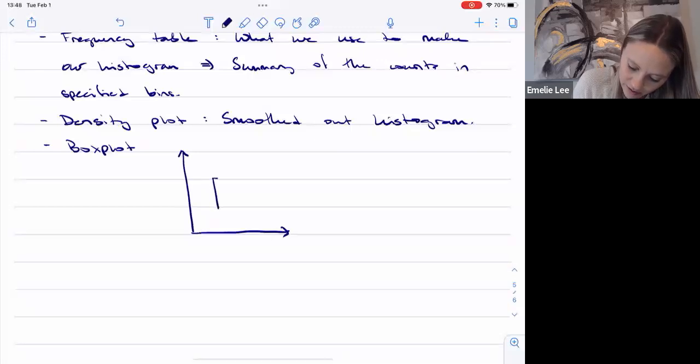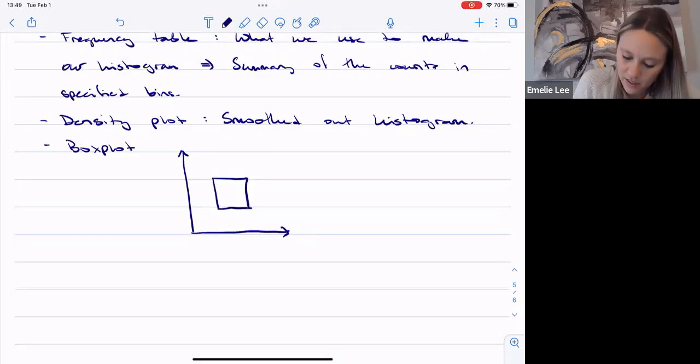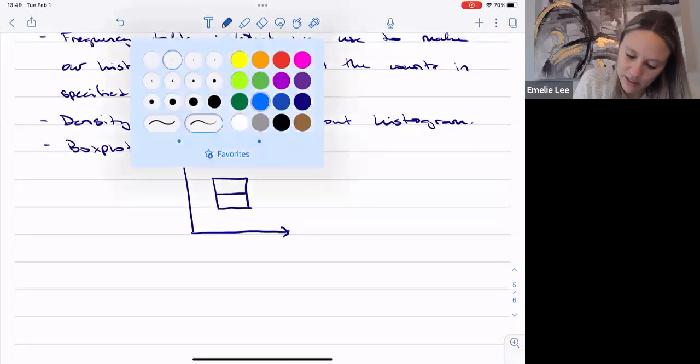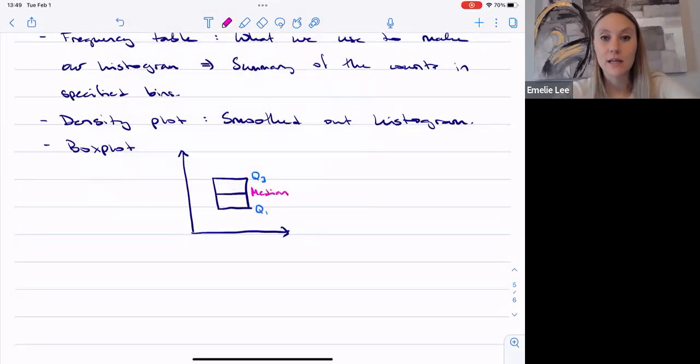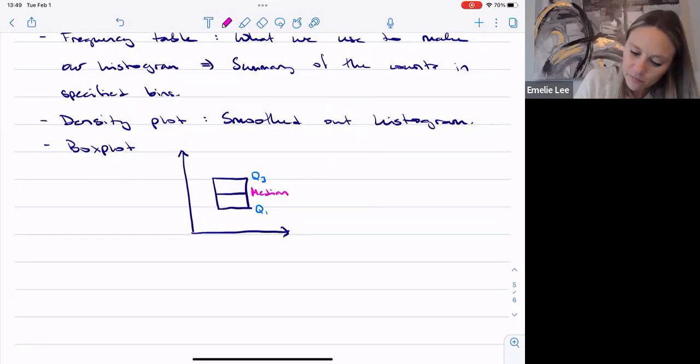So we start with the box, hence the box plot. We've got the central value, which is the median. So here I've got my Q1, I've got my Q3, and then I've got my median denoted by a thick line in the center. And sometimes we'll throw the mean on there, but it's not part of the box plot. It's just to help us visualize.